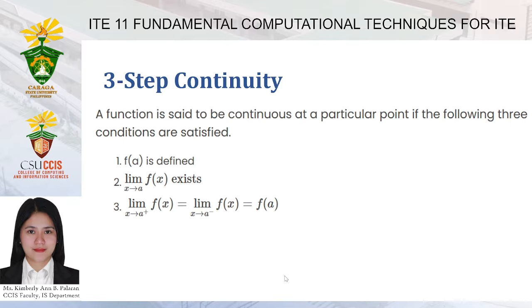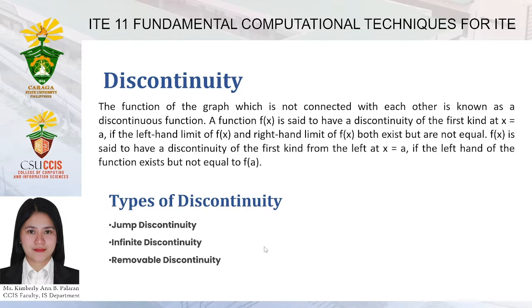Going back to three-step continuity, here are the conditions that should be satisfied. These three conditions should be satisfied in order for us to tell if the function is continuous or discontinuous. So what is a discontinuity? The graph of a function which is not connected is known as a discontinuous function.